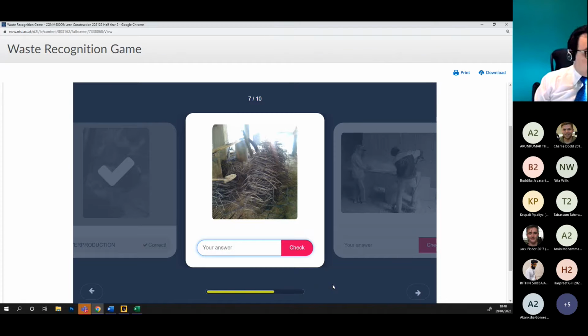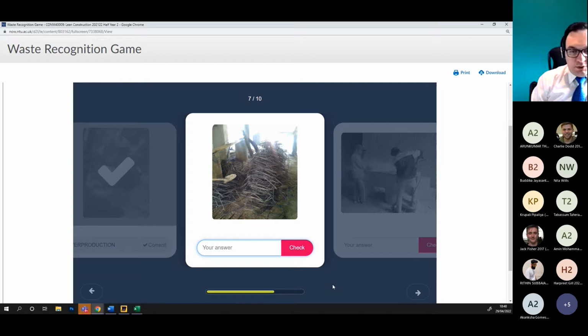What else? Transportation, inventory, motion, waiting, overproduction, overprocessing, defects, and unused talents or unused skills.